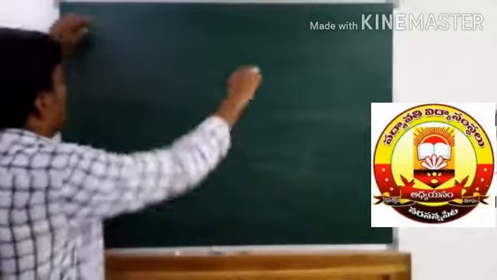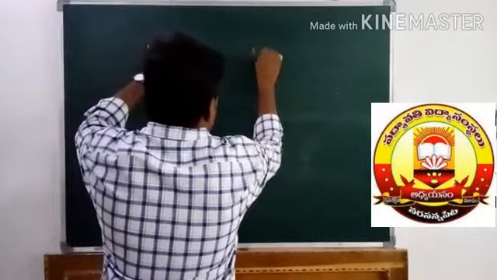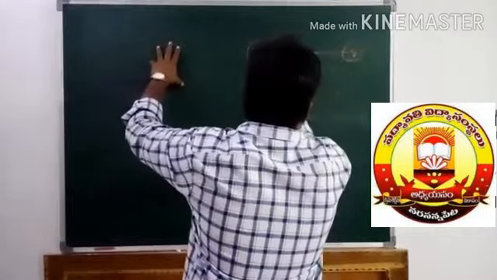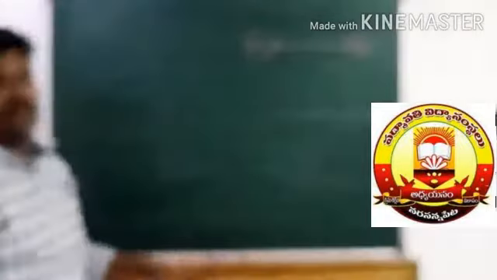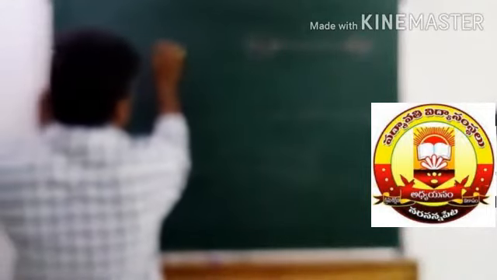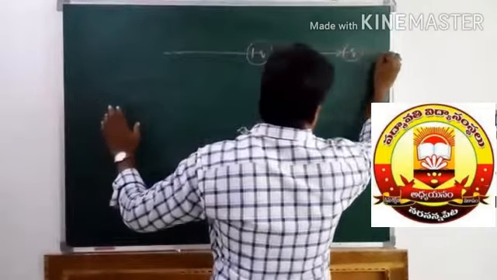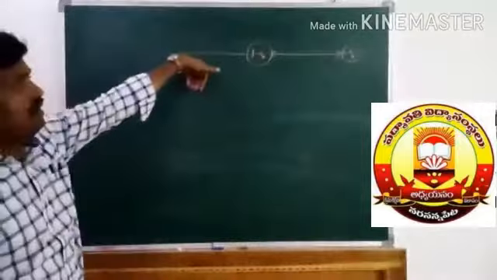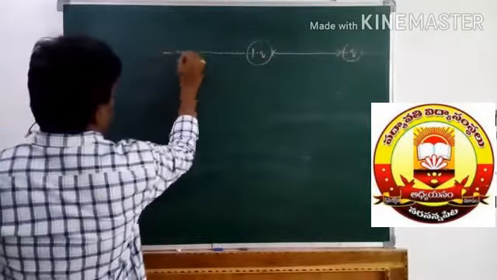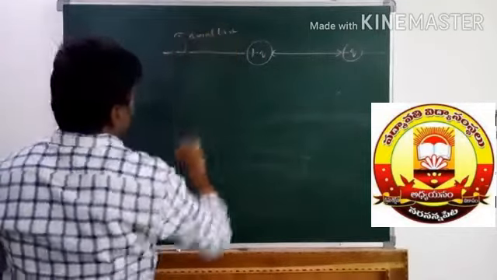If you take a dipole like this, the line joining the two charges is said to be the axial line.